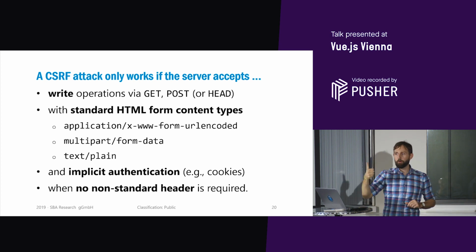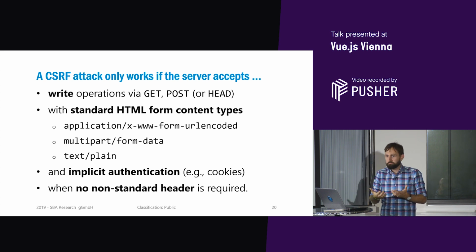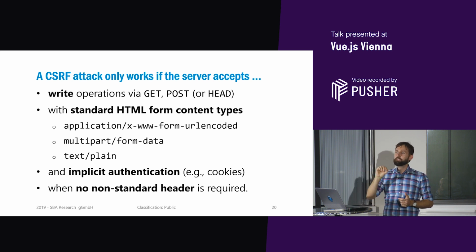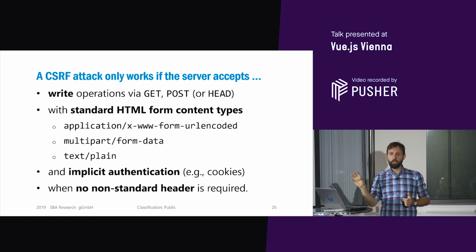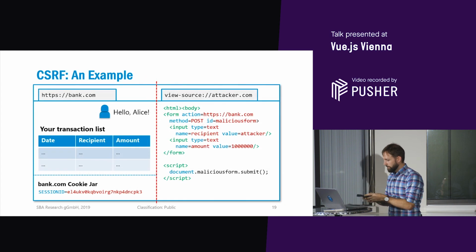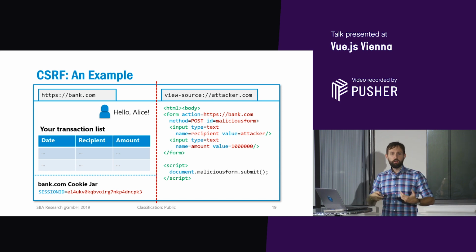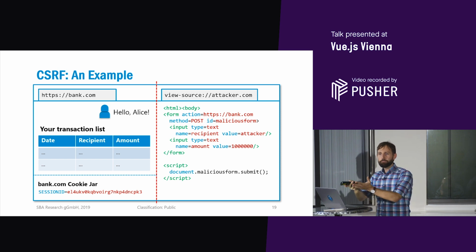First, it must be a write operation. So something needs to change when you send that request to the server. Otherwise, it's not going to have any effect. The thing is, if you send a GET request, it's going to be sent as well, but you cannot read the response. Cross-origin reads are prohibited, as we heard before, right? For example, on the right side, you can make a little script that does an AJAX call to bank.com to get the list of the transactions, and the request is going to be sent, the request is going to be authenticated, but the response is not going to be given back to your script.